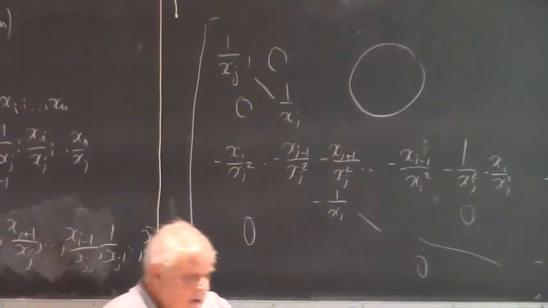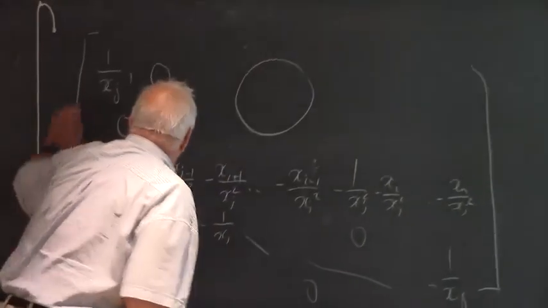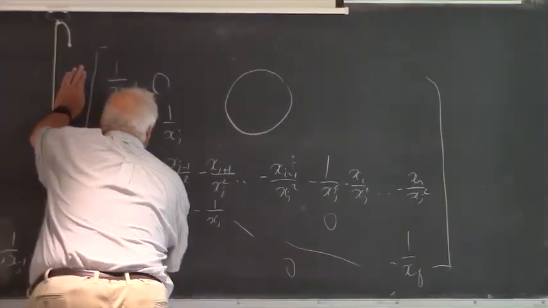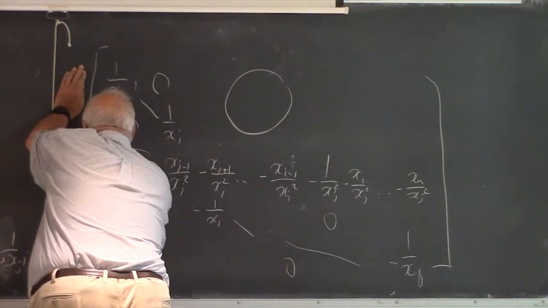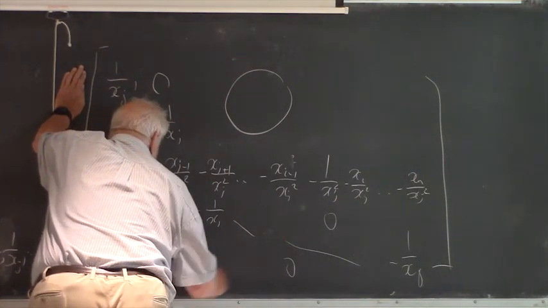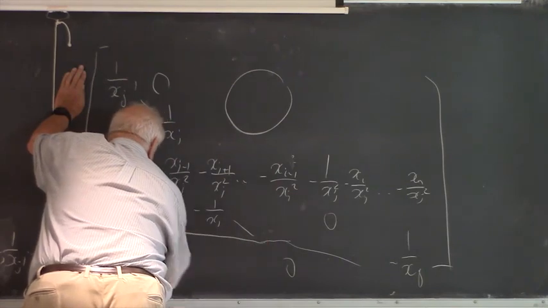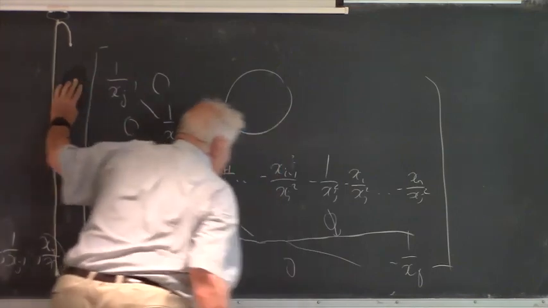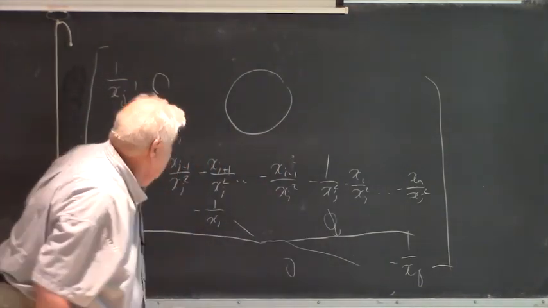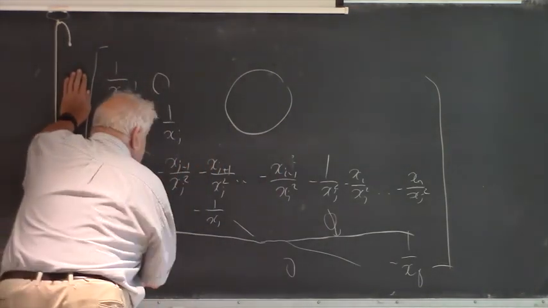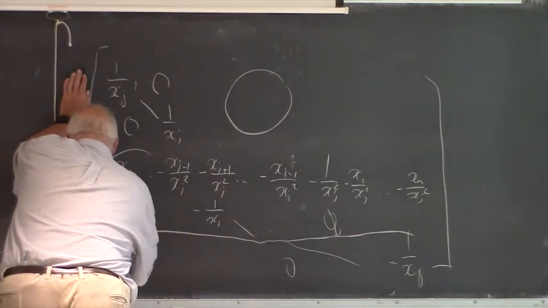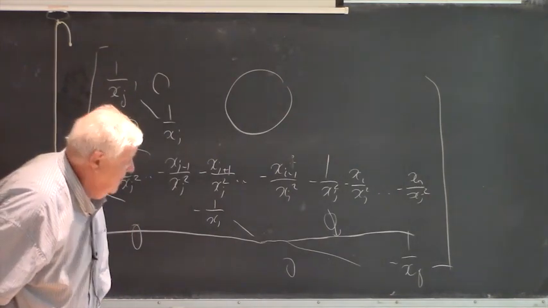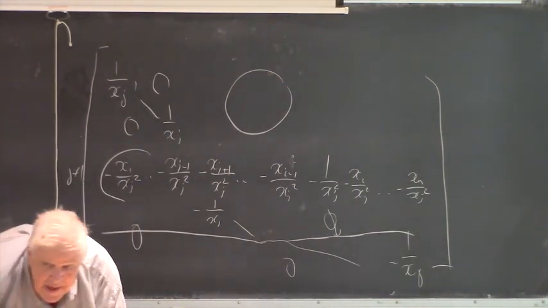For this purpose, it's very convenient to take this row, and this row has the number j plus 1, and to move it in such a way that this goes to the diagonal. And this will be between I minus 1 and I. So I take this row and move it here. Right?